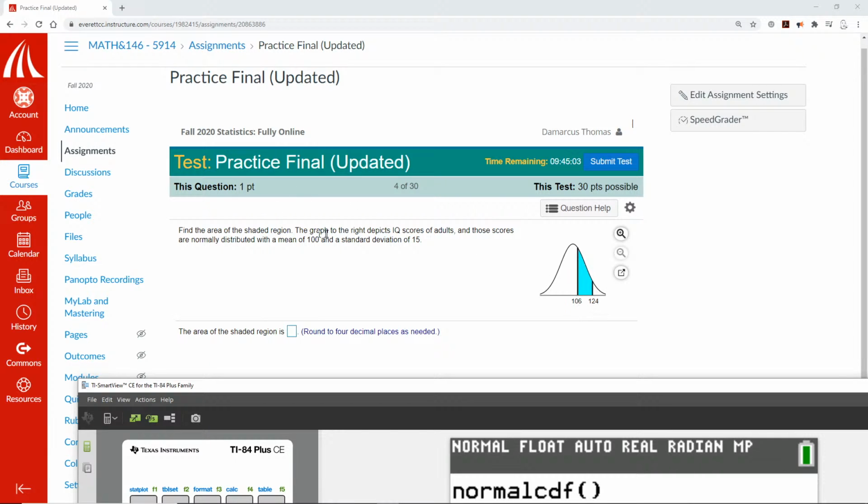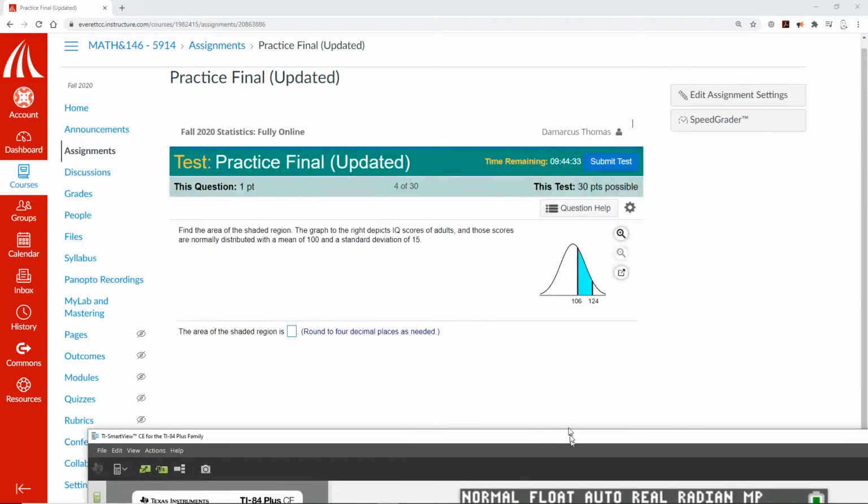We have to subtract the mean and divide by the deviation to figure out what z-score this would correspond to. Probably like 0.03, something a little bit more than 0, because remember 100 is in the middle. And 124 will probably correspond to about 1.4 or 1.5. And then once we standardized those numbers, we could easily use the tables to figure it out. But why go through all that when we could just do it this way?